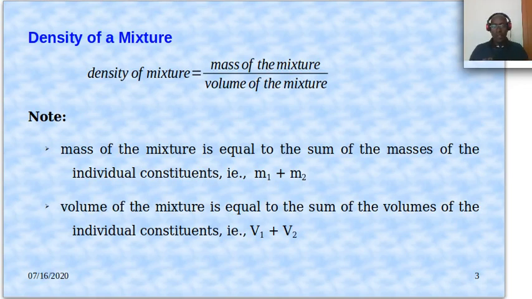The same applies to volume. To get the volume of the mixture, you have to get the sum of the volumes of the two substances. You get volume 1 plus volume 2. And those are the values we are going to use in this given equation.